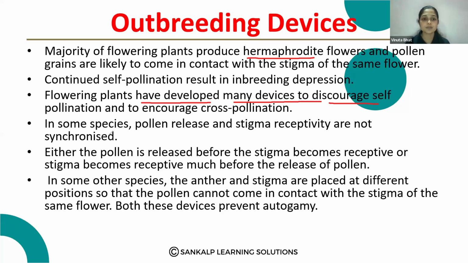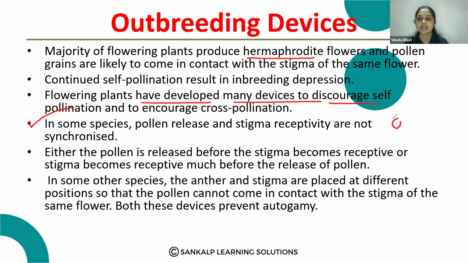In some species, pollen release and stigma receptivity are not synchronized. Just imagine a flower that contains both the male and female reproductive structures.